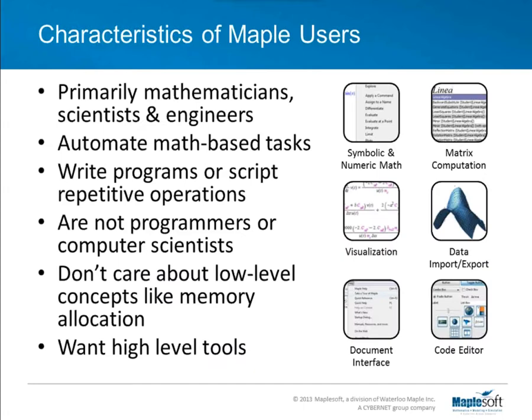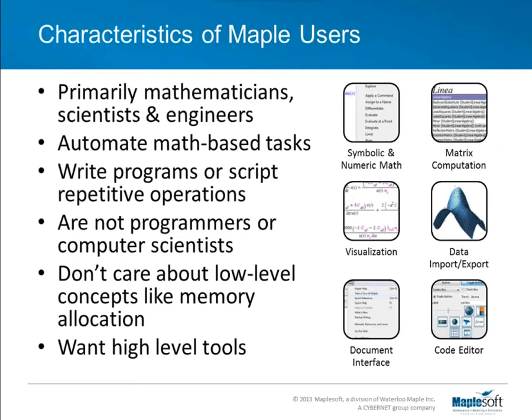Our goal is to provide our users with the software they need to complete their technical computing tasks quickly and efficiently. So who are our users and what's their typical user profile? Well, typically, mathematicians, scientists and engineers use our tools. They use Maple to automate repetitive math-based operations.